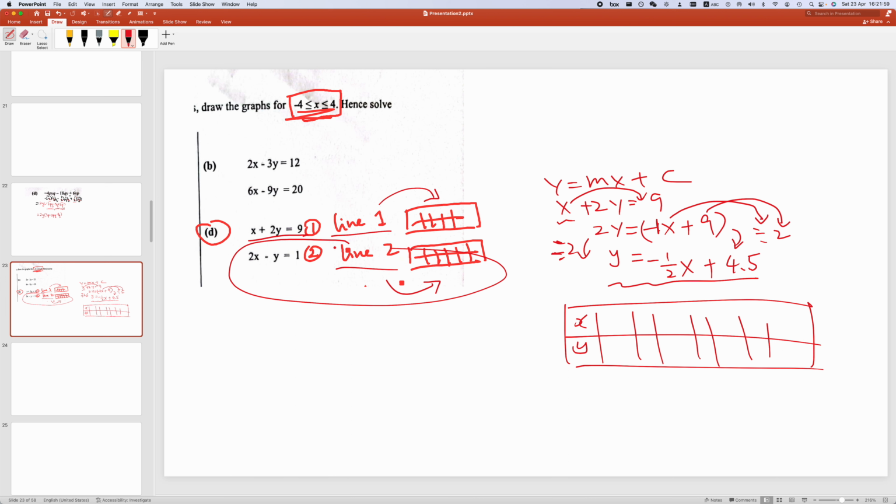Can you give it some more space? I don't like it. You squeeze everything up and then minus x. Can you space it out more? Can you write it bigger?